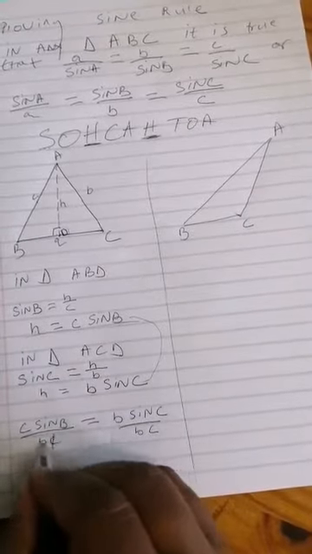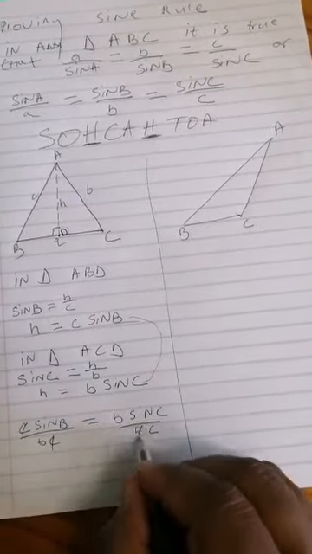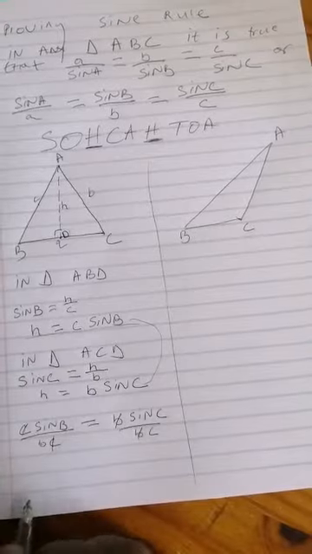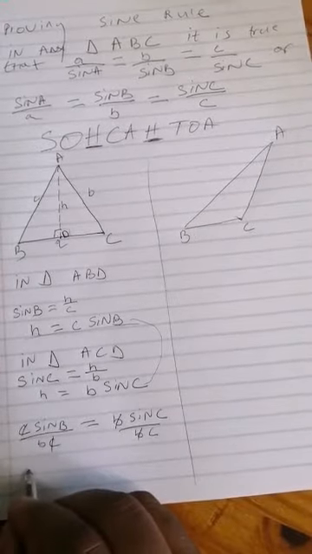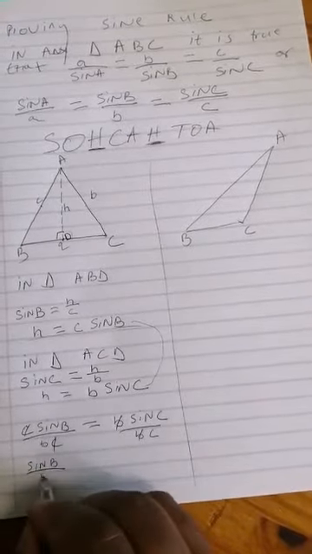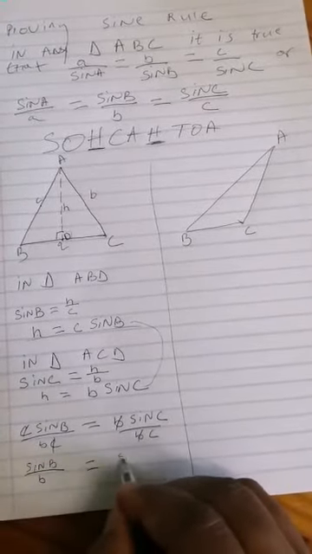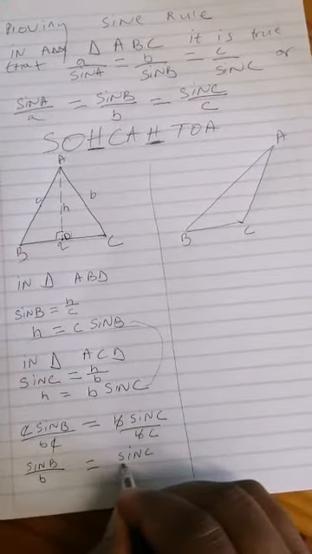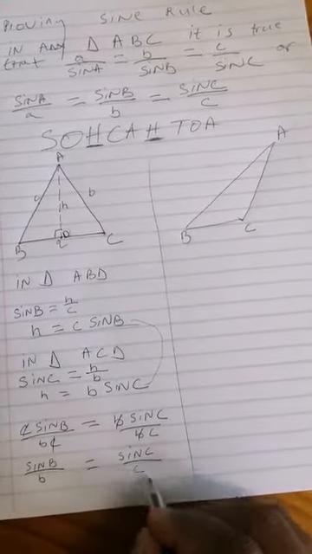You can see these will divide. These will also divide. So here I'll be left with sine B over b equals sine C over c.